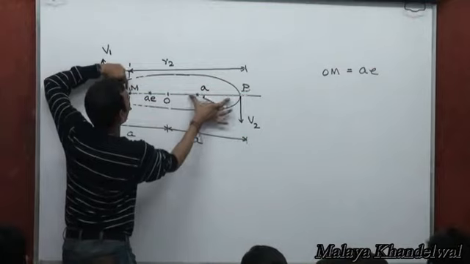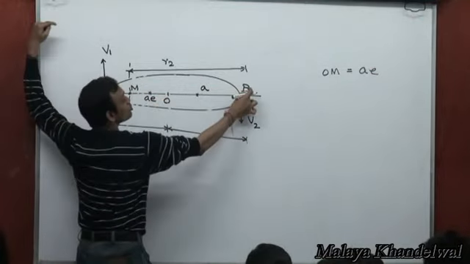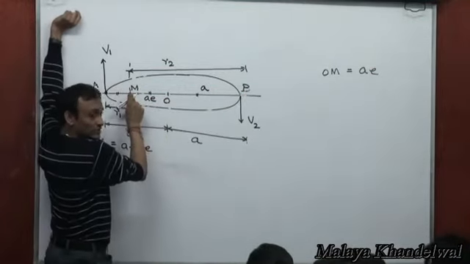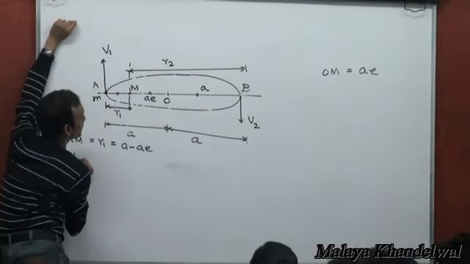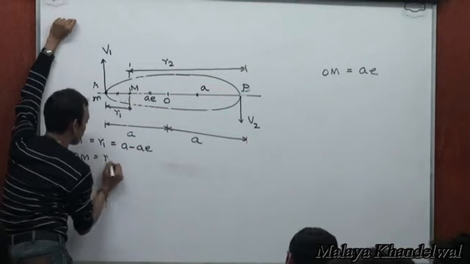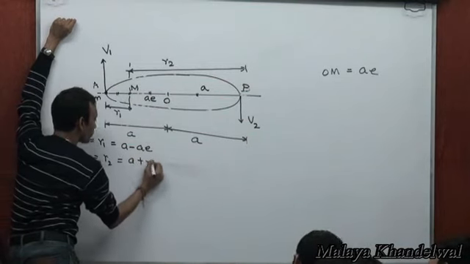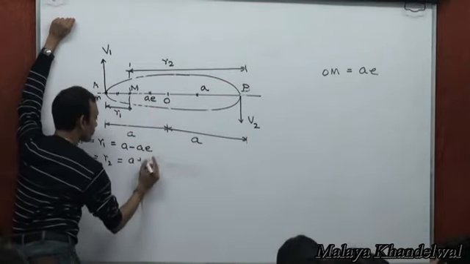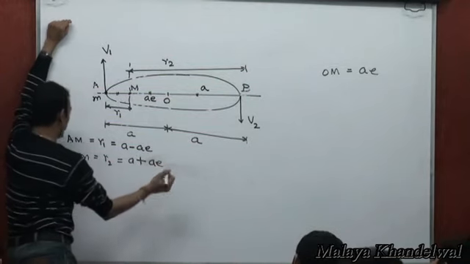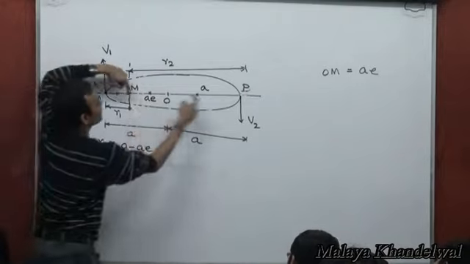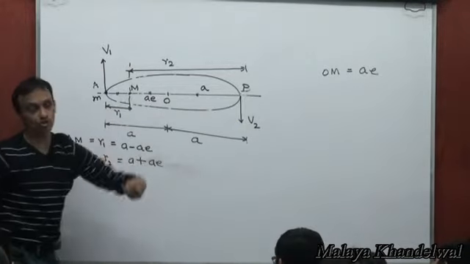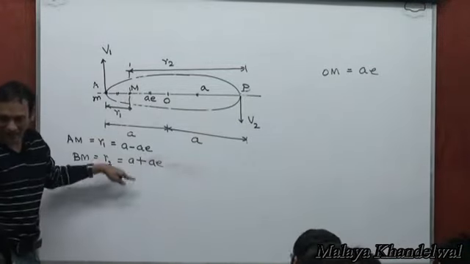Very clearly, R2 would be A plus AE. The distance of the apogee from the focus, the gravitating mass capital M, is going to be A plus AE. And very clearly, R1 plus R2 would be the major axis 2A of the ellipse, which you can see by adding the two.